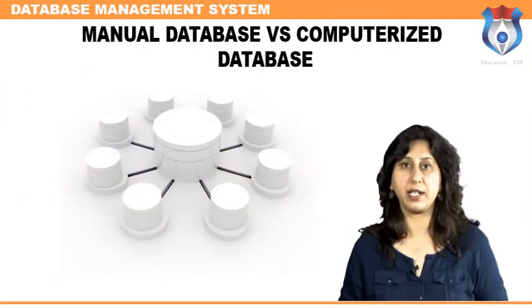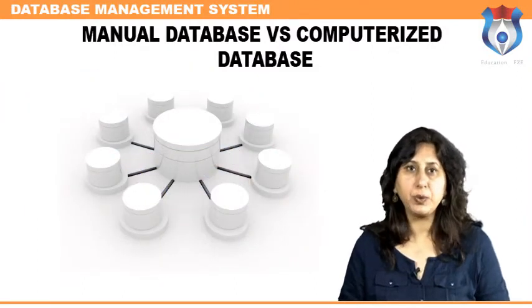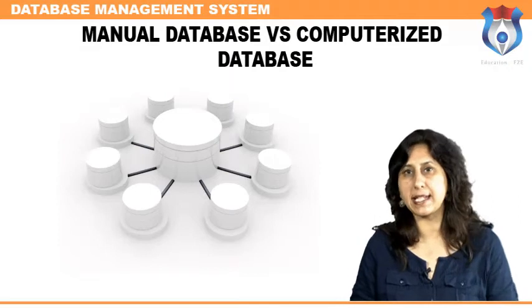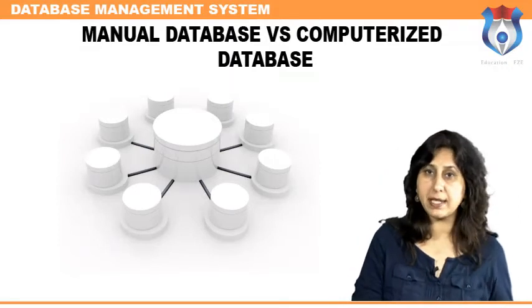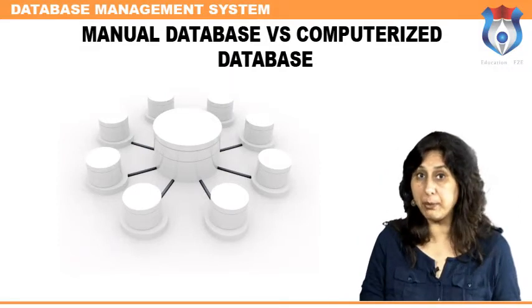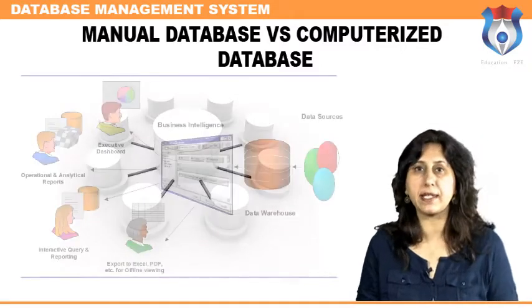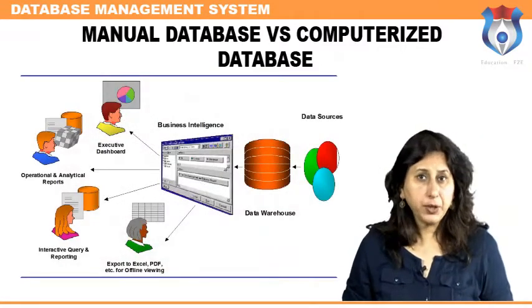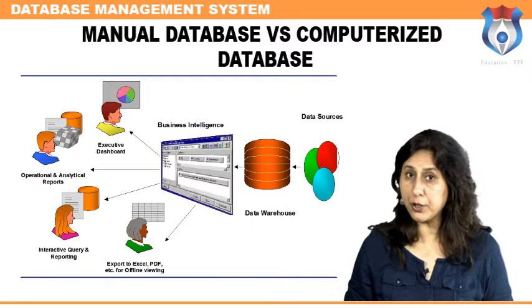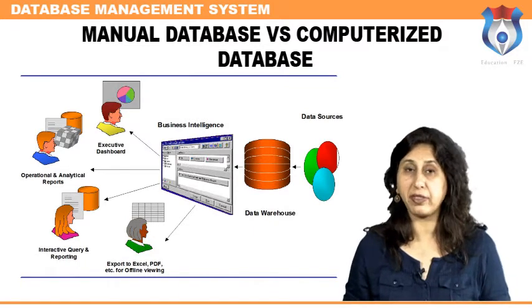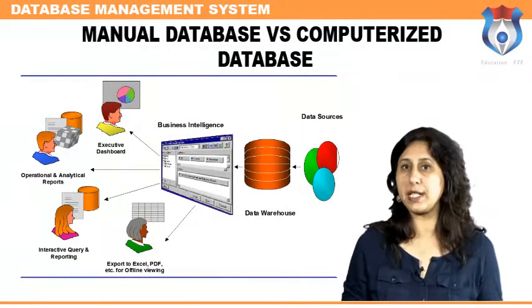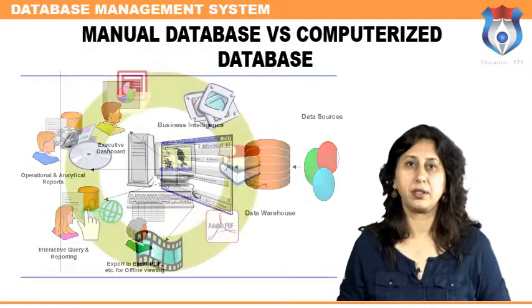Data integrity. Data in manual systems is typically accessible by more than one person at a time and is vulnerable to being lost or misplaced. Damage. Manual databases are vulnerable to damage, destruction, and theft in ways that digital databases are not.